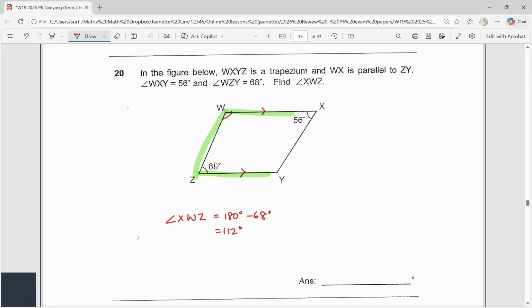So you get 112 degrees. Now, why is it not 180 minus 56? That wouldn't work because it has to be angles between parallel lines. WZ and XY are not parallel. So these two angles will not add up to 180. Okay, it has to be between the parallel lines. So only these two in order to find XWZ.